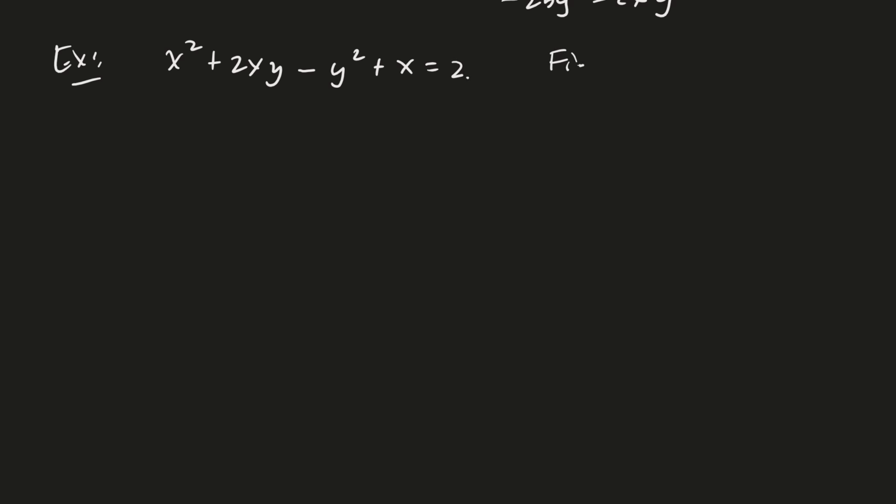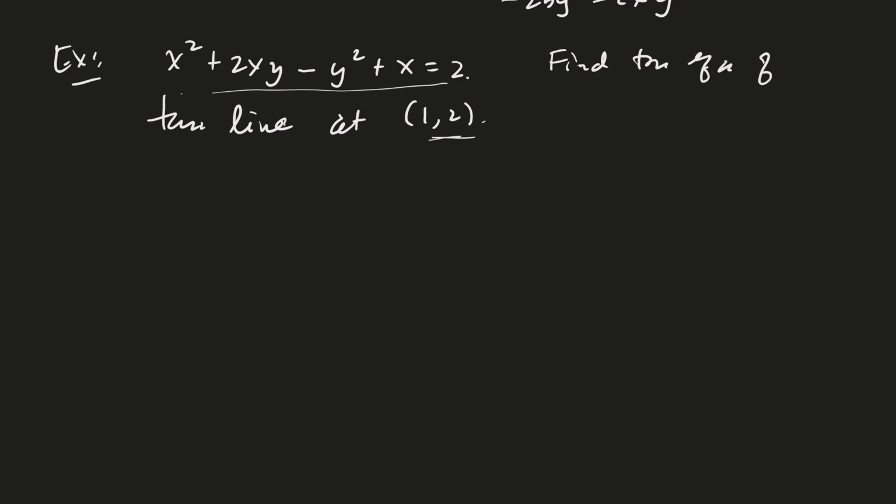Find the equation of the tangent line at the point 1, 2. Good. So first we should verify that the point 1, 2 is on the graph of this, which means that if you plug in x equals 1 and y equals 2, you should get a true statement. So let's see if that's true. Is 1, 2 on the graph?